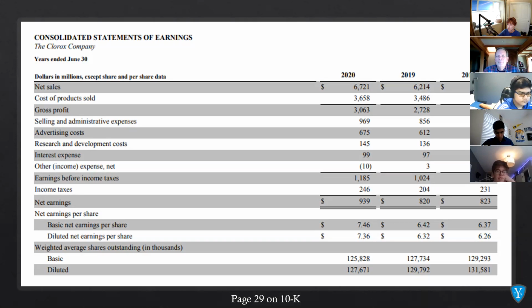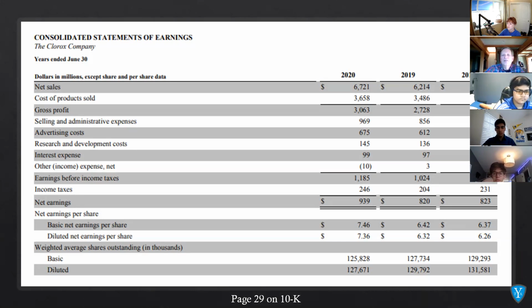So the first measure of profitability we look to is what we call gross profit. It's just, what did I sell it for versus what was the direct cost of that product? Gross profit is often something securities analysts look at closely in the company, and you can see that Clorox earned in the last year about $3 billion of gross profit on its sales.